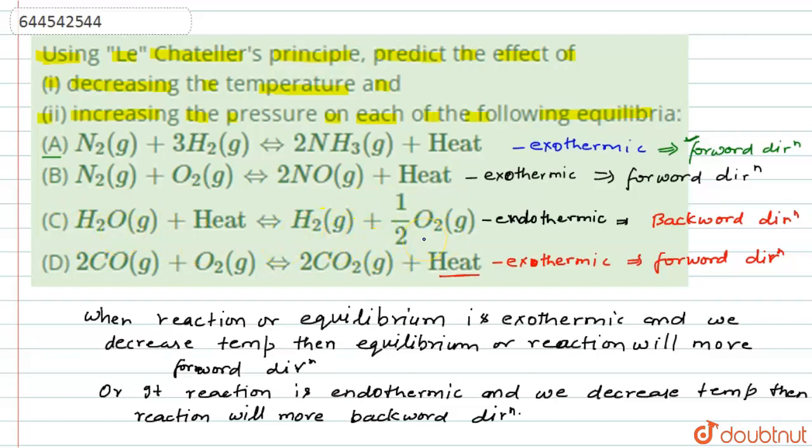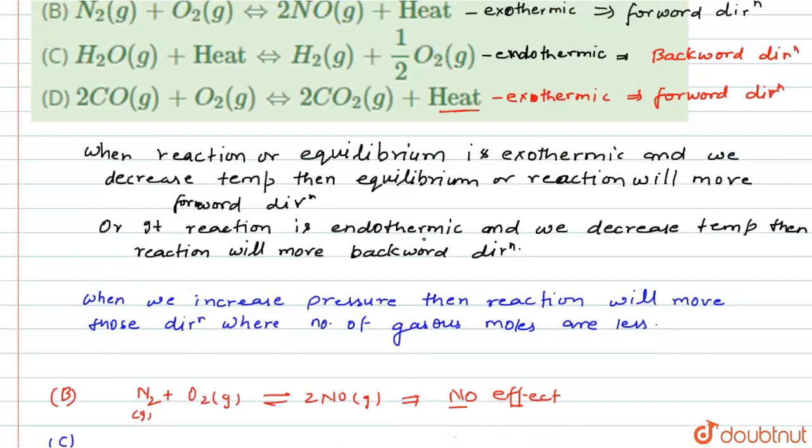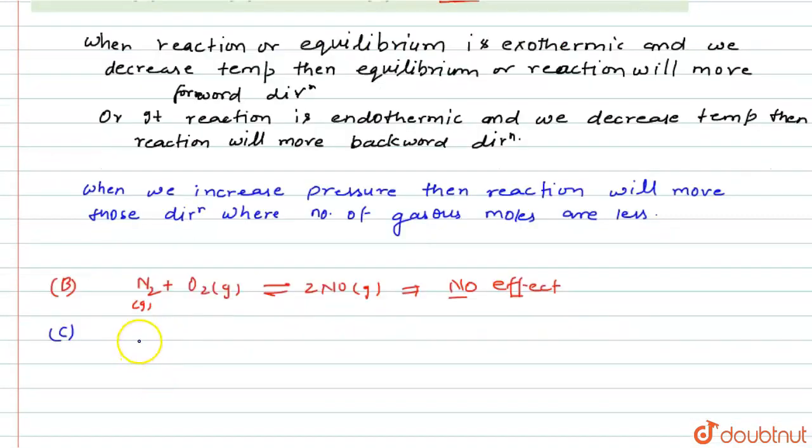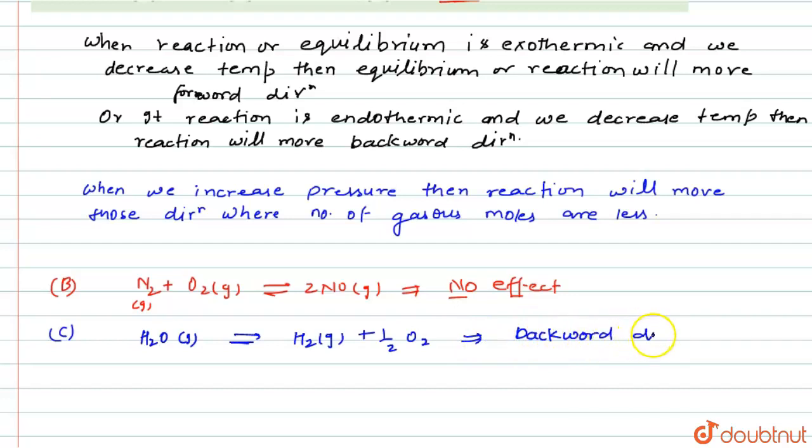So when we increase pressure, the reaction will move in the backward direction.